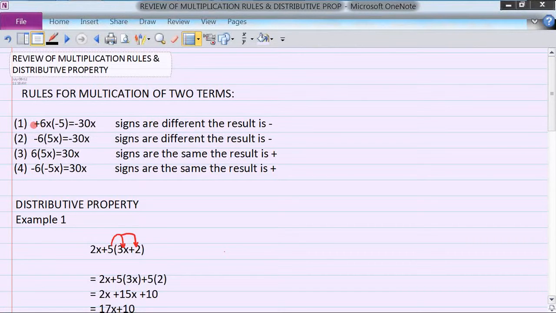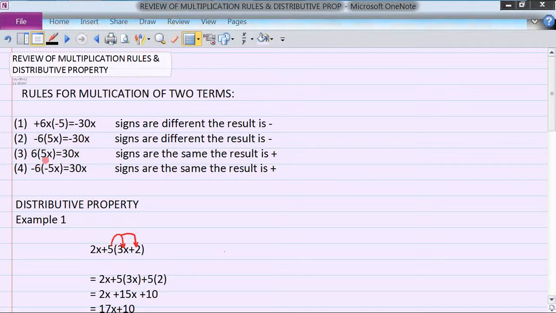So here we're multiplying plus 6x times minus 5, and the signs are different. So we get minus 30x. Minus 6, there's an implied plus in front of the 5. We don't write it in. So minus 6 times plus 5x, again the signs are different, so we get minus 30x.